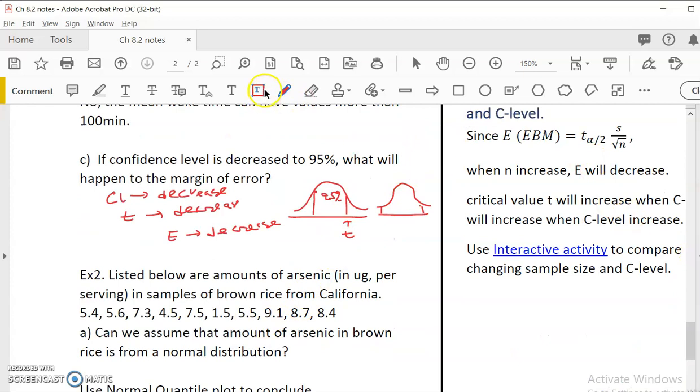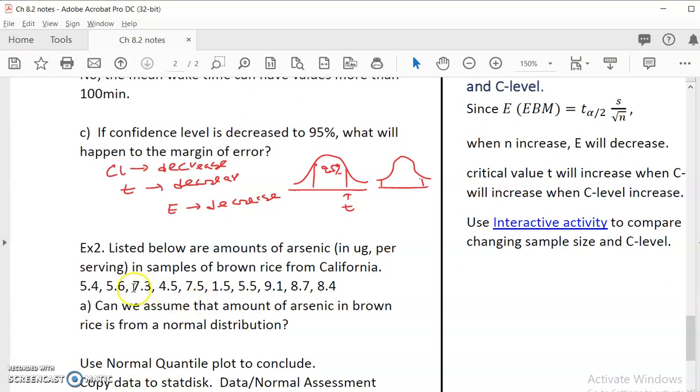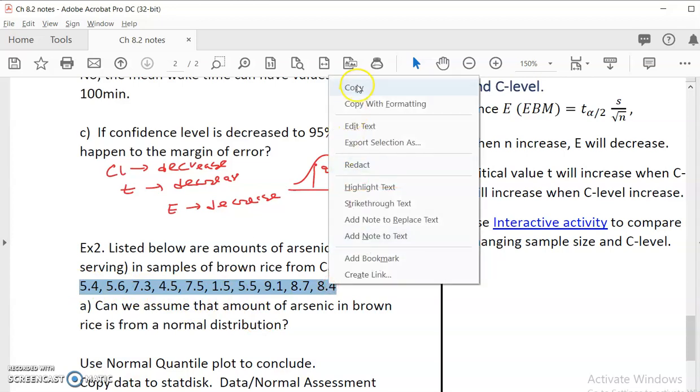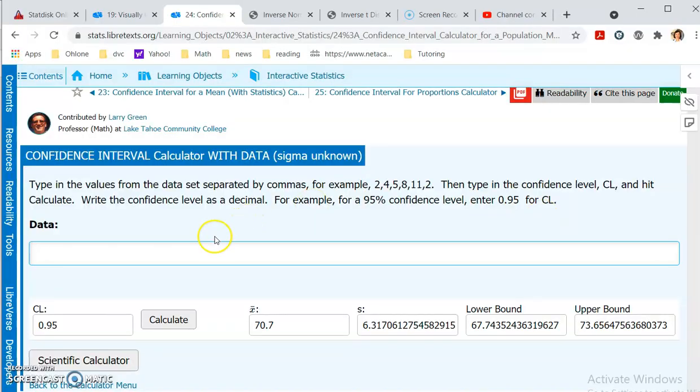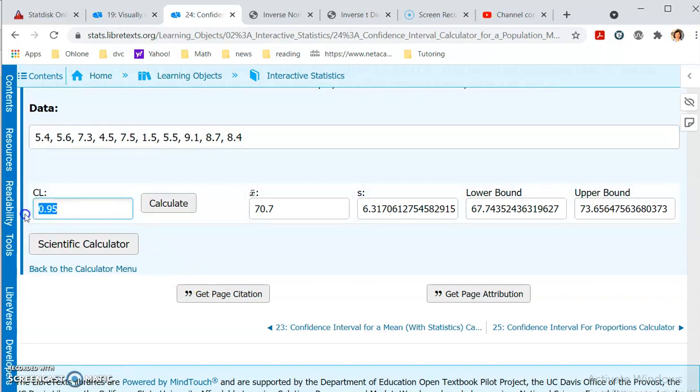I think I have to close this first before I can copy and paste. Copy, and then Control V, I guess. So these are all in comma form, right? There's some backspace. Okay. And then we'll have to do 90% interval, and that's all. You enter your data and your confidence level, and you calculate.